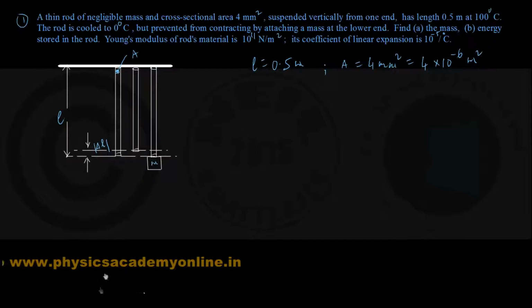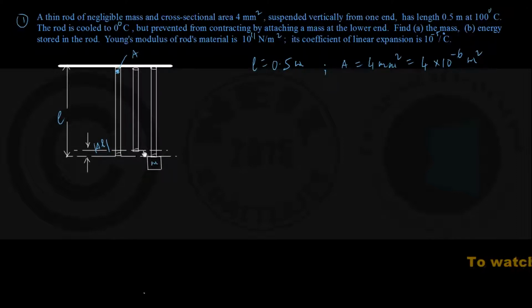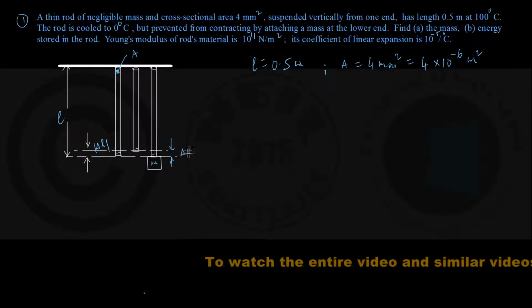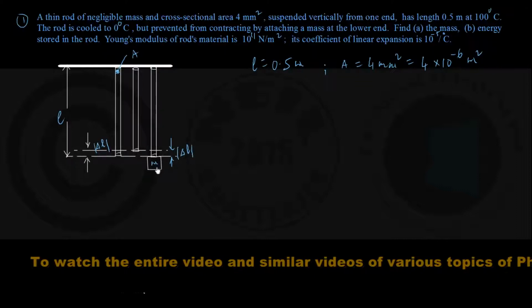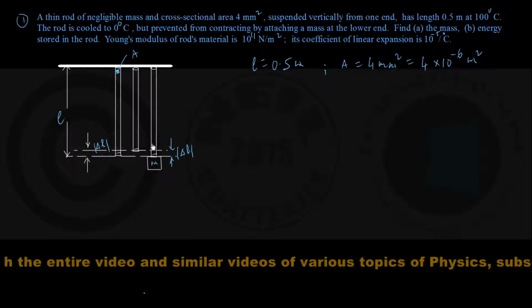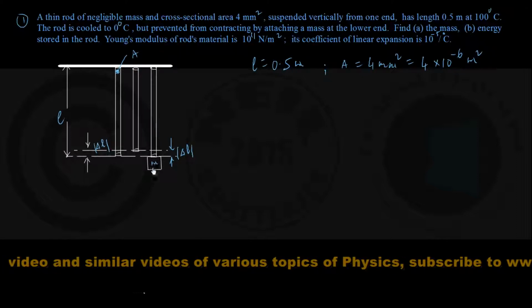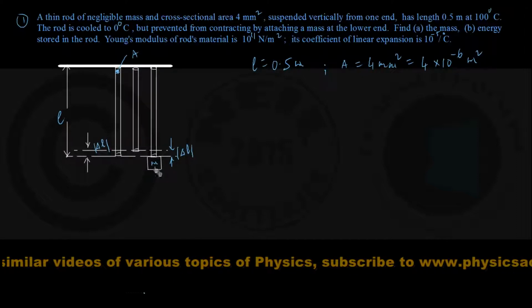We might conclude here that a contraction in length takes place because of cooling of the rod, followed by an expansion in length, and that expansion must again be equal to modulus of delta L only because of the tensile force exerted on the rod by hanging this mass. So this is the way you should understand the problem.